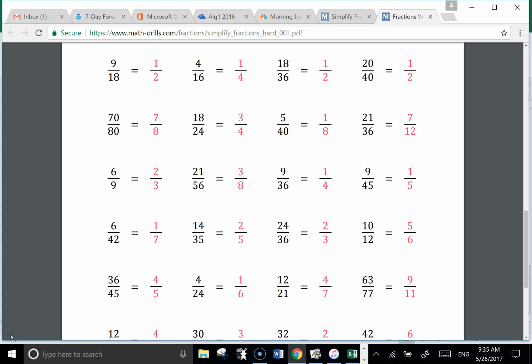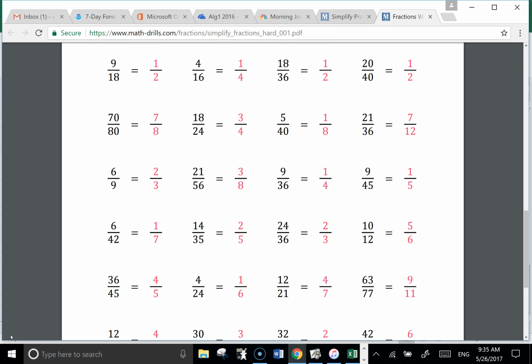On each one of them, you've got to be thinking, what is that factor? You're probably doing it in a way where you don't actually separate it, but what is the greatest common factor between 9 and 18? 9, right? So you take the 9, cancel the 9, and you have 1/2. What's the greatest common factor between 18 and 24? 6.